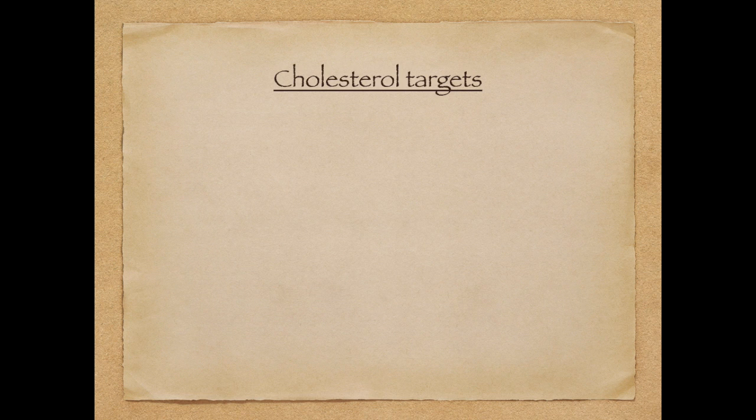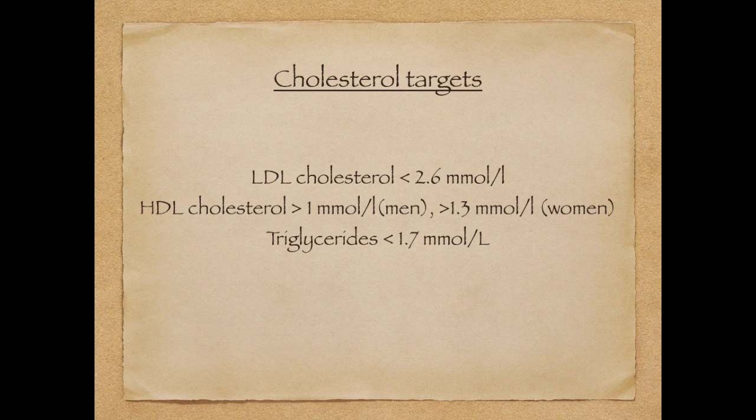High cholesterol levels should again be treated by a combination of medications and lifestyle measures, aiming for a LDL cholesterol level less than 2.6 millimoles per liter, HDL cholesterol level more than 1 millimole per liter in men and more than 1.3 millimoles per liter in women, and triglycerides level less than 1.7 millimoles per liter.